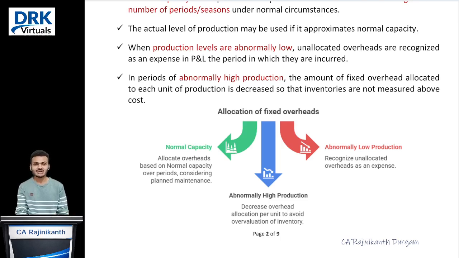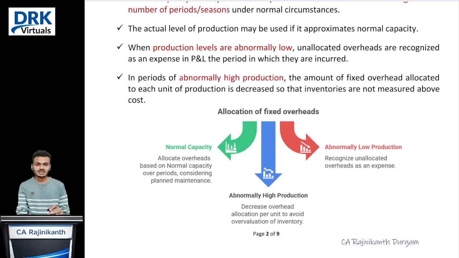Similarly, if our actual output is 3 lakh units and our normal capacity is 5 lakh units, in this case also, allocate the fixed cost on the basis of normal capacity. Fixed cost divided by normal capacity, 5 lakh units, we will get the per unit value. You multiply the 3 lakh output with that per unit value, you will get some amount. And the remaining fixed cost, if any, you charge to profit and loss account as an expense.